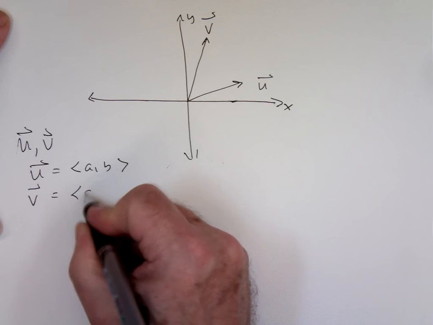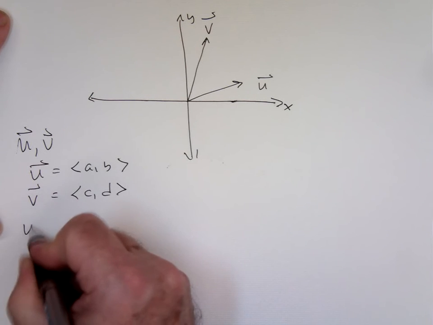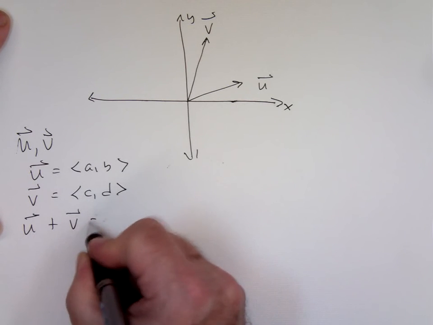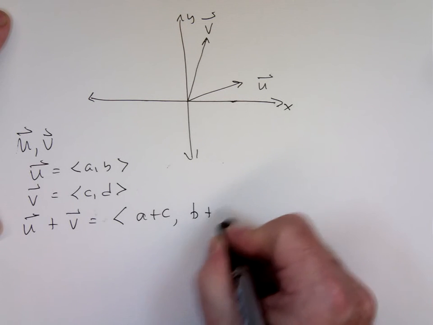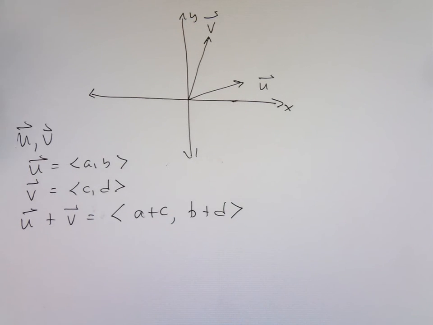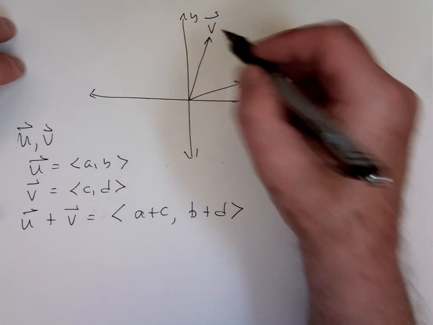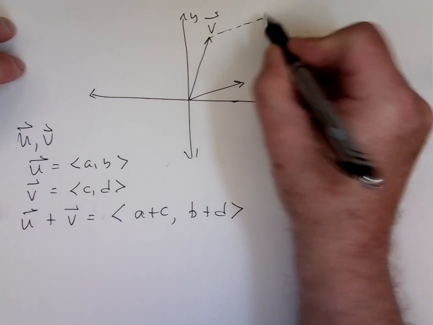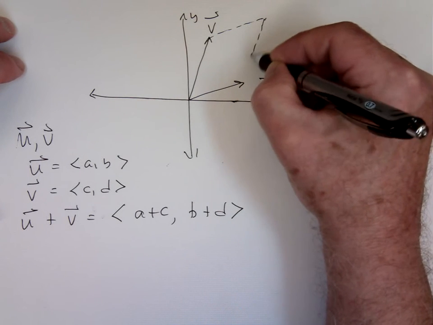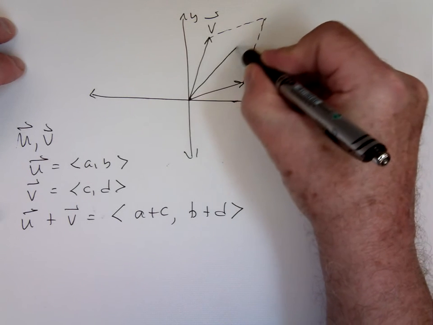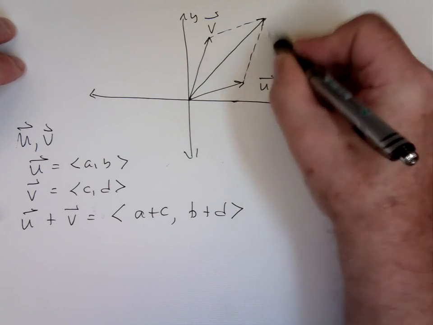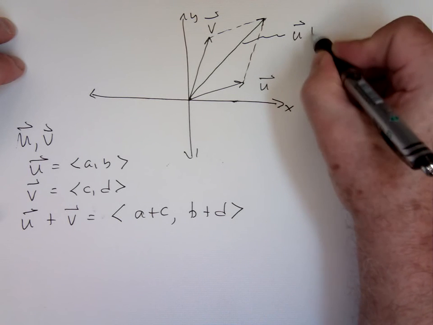You add the two vectors by adding their components. Geometrically, what does this give you? Well, if you complete this parallelogram, the sum of these two vectors gives you the main diagonal. This is u plus v.